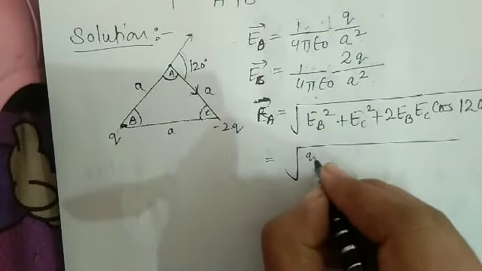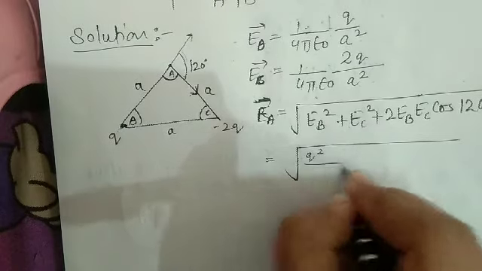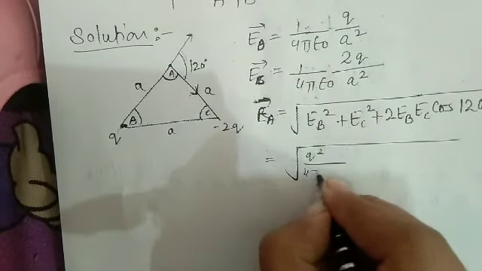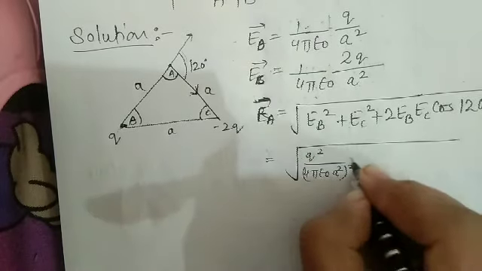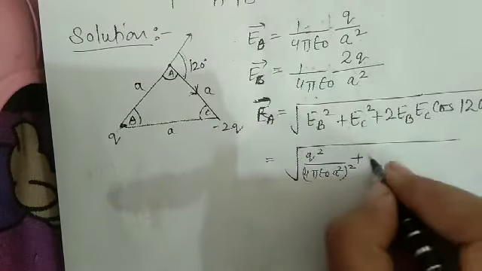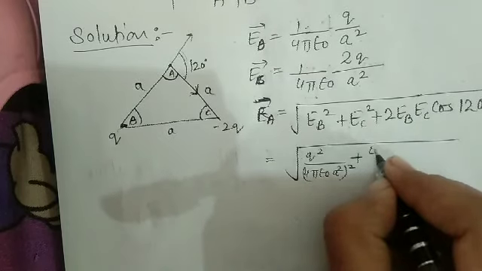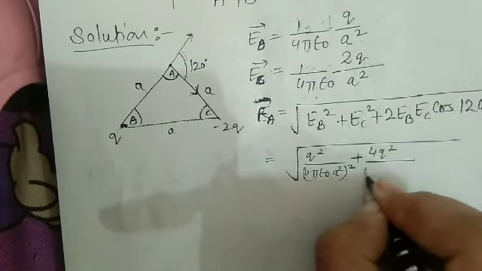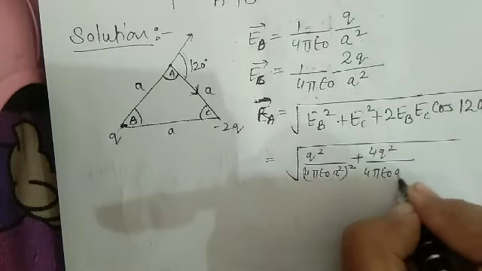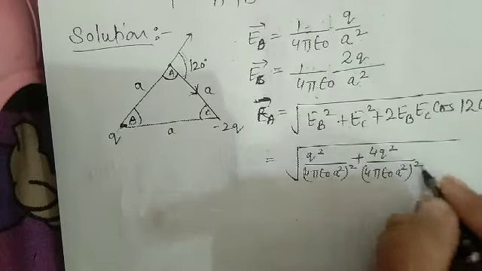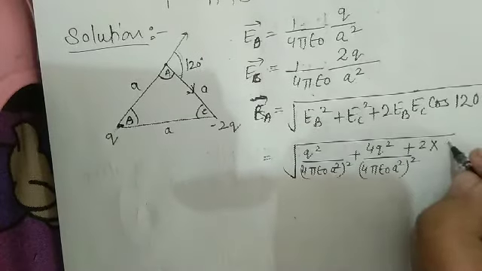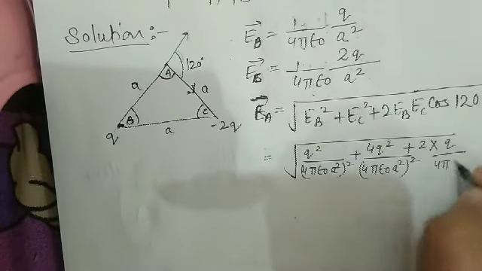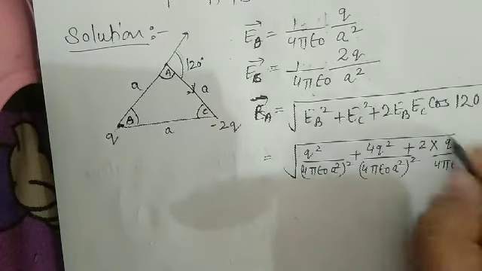What will you get? Q square upon 4 pi epsilon naught A square whole square plus EC. EC is 2Q, whole square. It means 4Q square upon 4 pi epsilon naught A square whole square, plus 2 into EB, Q upon 4 pi epsilon naught A square, into EC.